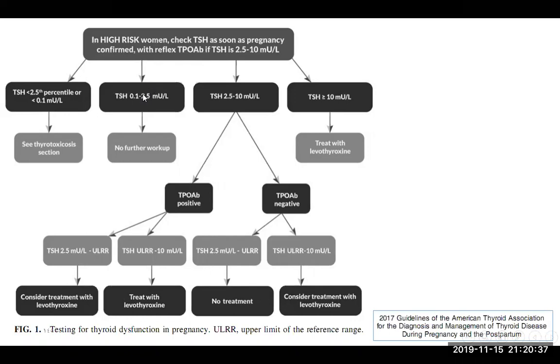If TSH, Dr. Khalid, yes? Dr. Khalid, is it for all females or only for hypothyroid cases? We have to keep the TSH in the lower normal range, and in the first trimester of pregnancy 0.1. For high risk, actually, for example, repeated abortion, history of thyroid disorder or hypothyroidism.